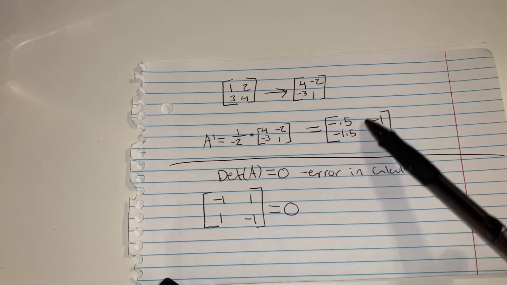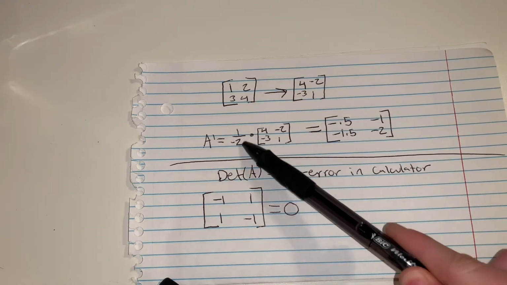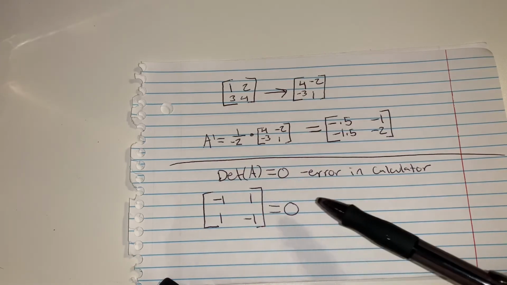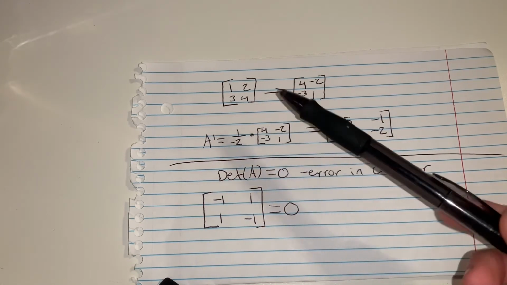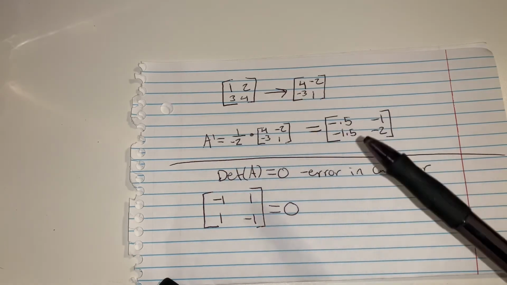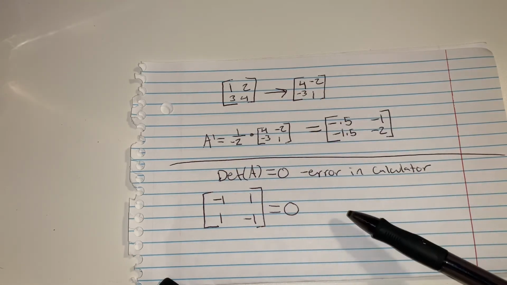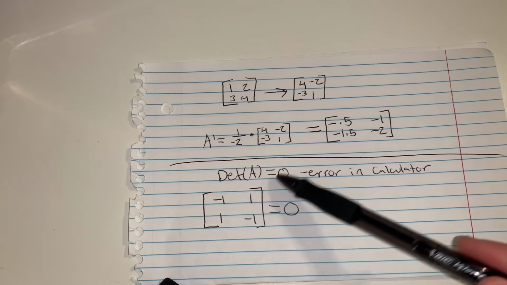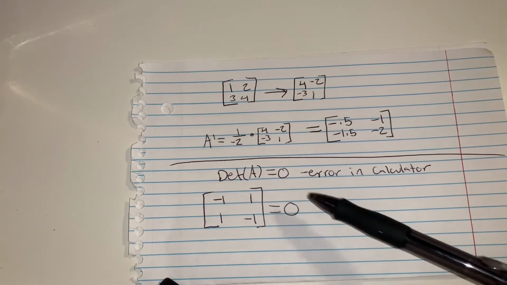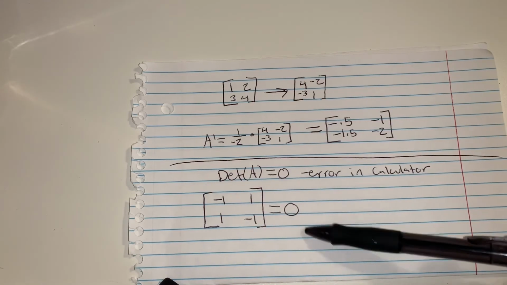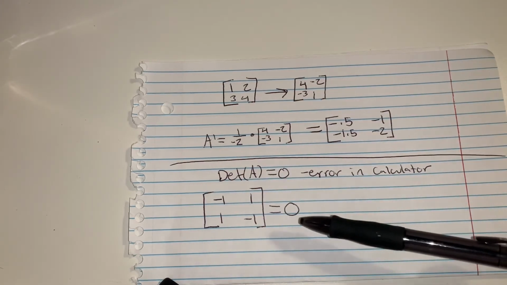You will not get this beautiful little matrix because you have to do 1 over 0. So you cannot find the inverse. If you ever plug it in and you get a 0, it is impossible and it's just an error.